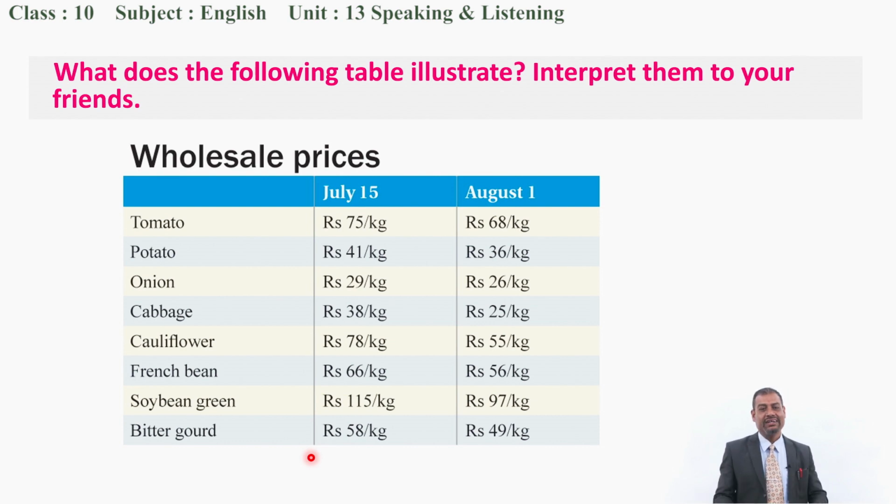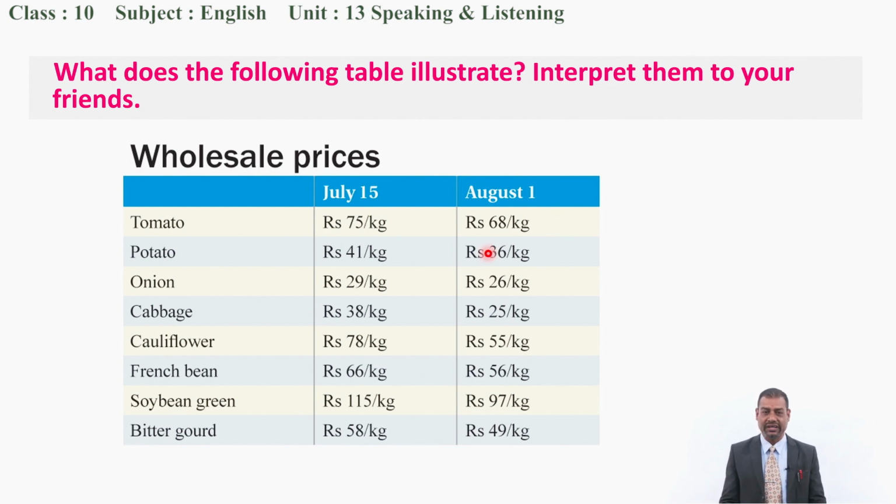Yes, you are right. The table displays the price of different vegetables on two different dates. Yes, the dates are July 15 and August 1st. Now, tomato costs rupees 75 per kg on July 15. Similarly, tomato costs rupees 68 per kg on August 1st.